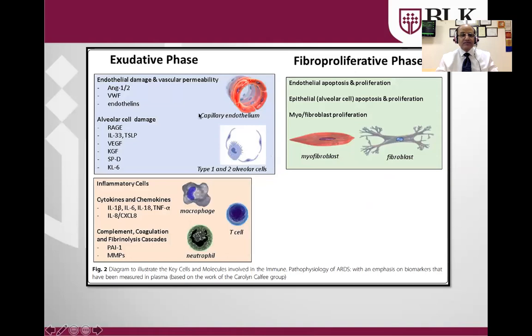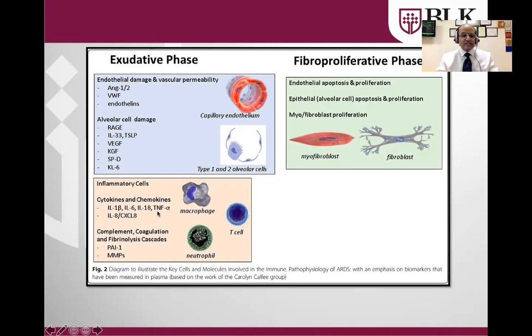In the exudative phase, we have angiopoietin 1, 2, von Willebrand factor, endothelins. Alveolar cell damage is caused by RAGE, IL-33, TSLP, and so on and so forth. So these are the biomarkers that are implicated here.